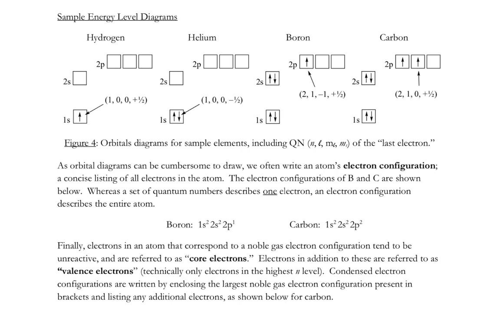Hydrogen, its electron configuration would be 1s1. For helium, its electron configuration would be 1s2. For boron, its electron configuration would be 1s2, 2s2, 2p1. For carbon, its electron configuration would be 1s2, 2s2, 2p2.